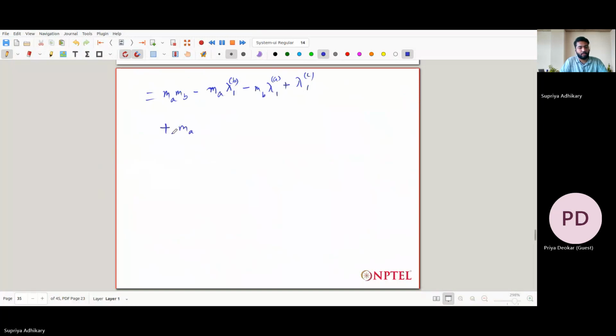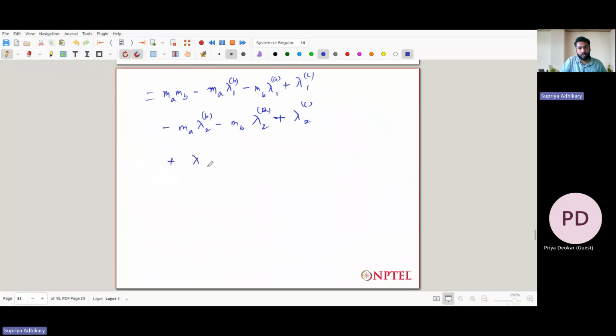This plus MA lambda 2B minus MB lambda 2A plus lambda 2C.